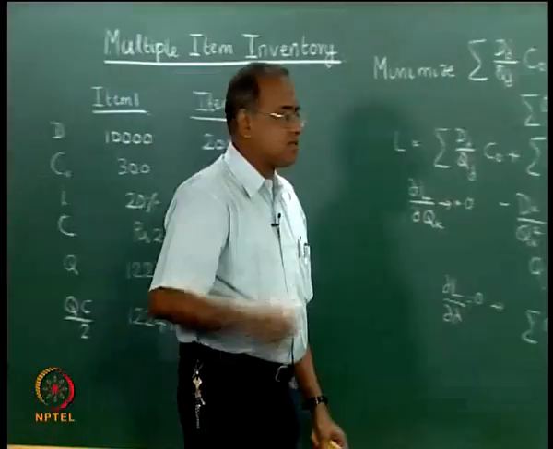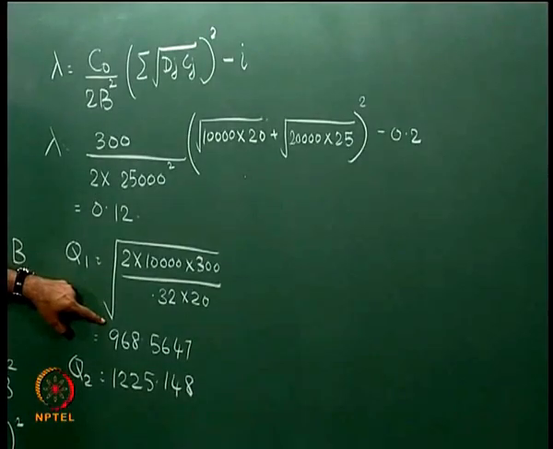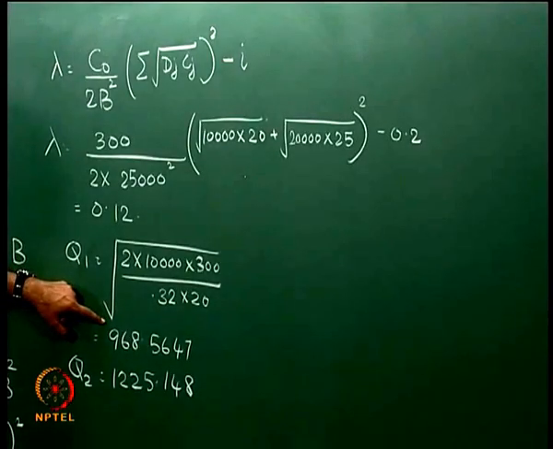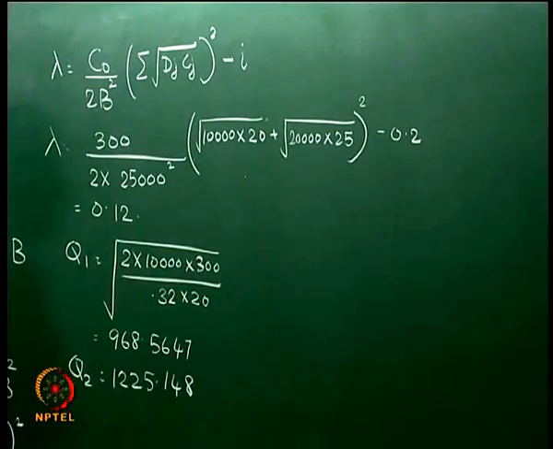We can also do this simple calculation and say that 968.5647 into 20 divided by 2, which is Q1 C1 by 2 plus Q2 C2 by 2 will add up to exactly 25,000, which is the restriction that we have put here.